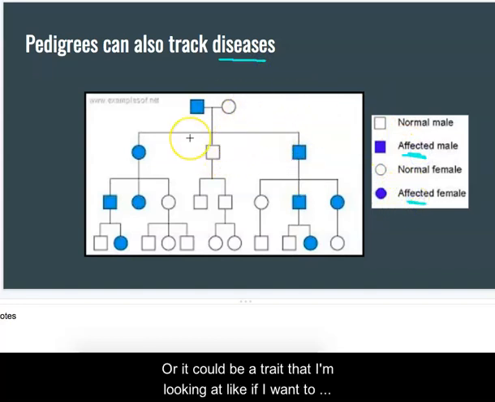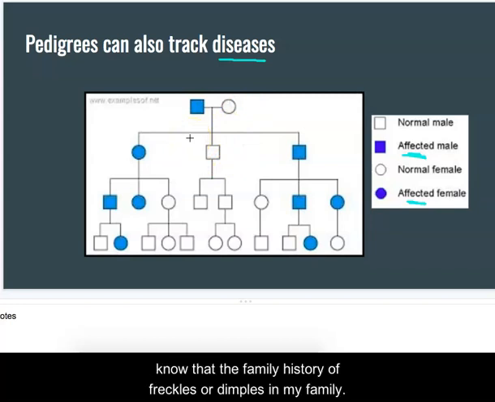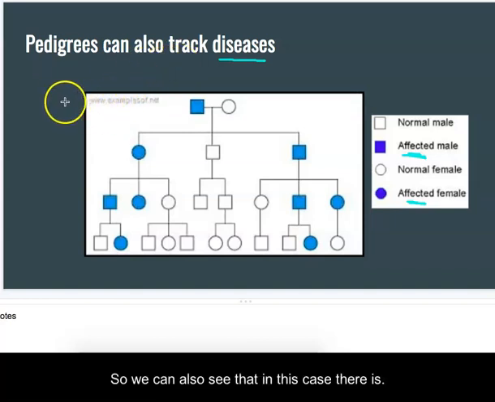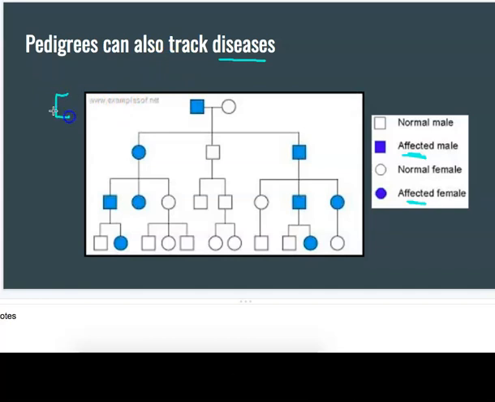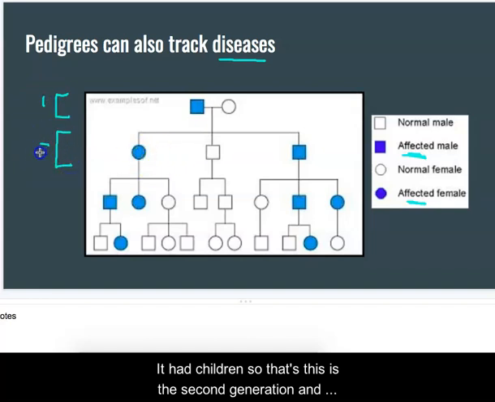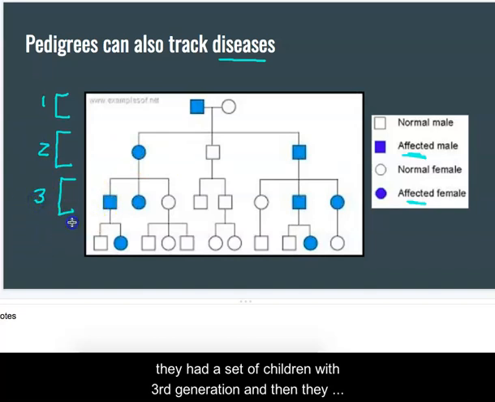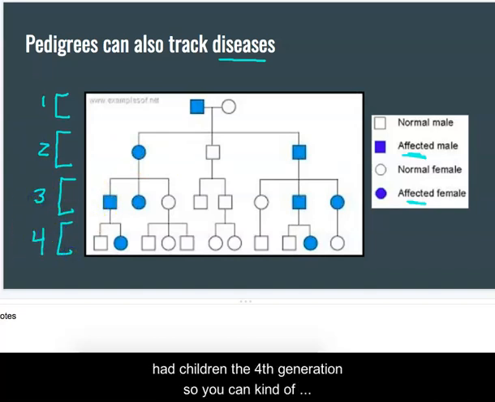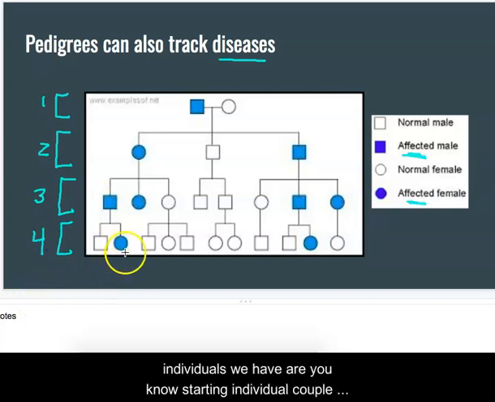Or it could be a trait, like if I want to know the family history of freckles or dimples, anyone who has freckles or dimples, I would shade in. It doesn't have to be a disease, but usually it is. We can also see that one generation had children, the second generation, and they had a set of children, the third generation, and then they had children, the fourth generation. So you can see we have 4 generations of individuals.